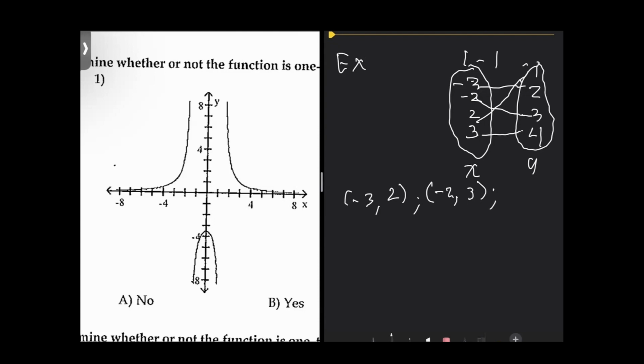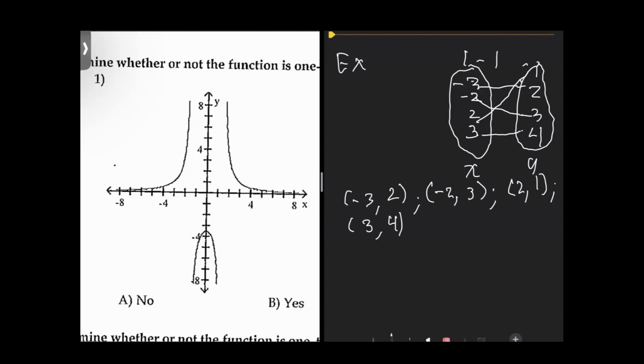We can have 2, comma 1, and 3, comma 4. So each number is going to one number only. No line is hitting more than once. Each line is hitting only one number.